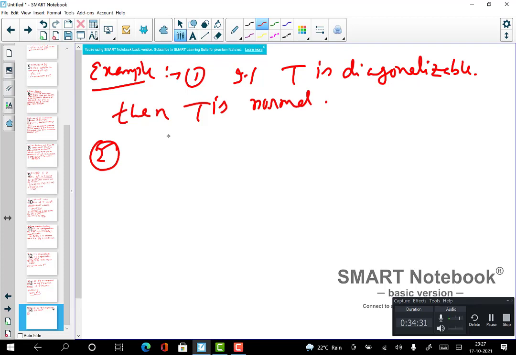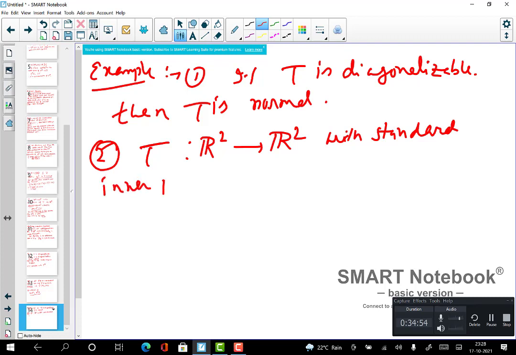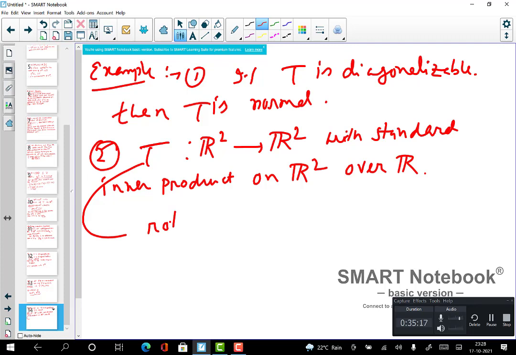You choose a rotation matrix, a two-dimensional rotation maybe, so it is from R2 to R2, where R2 is an inner product space with respect to the standard inner product on R2 over R. So this rotation is by some angle, say theta, which is between 0 and pi.